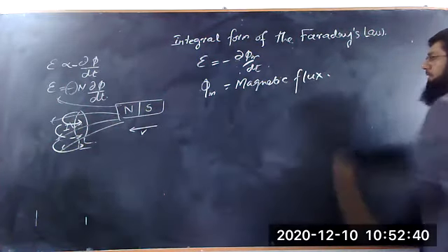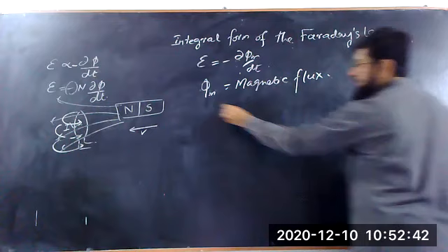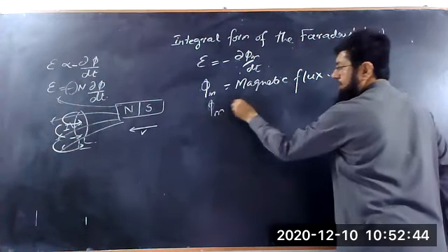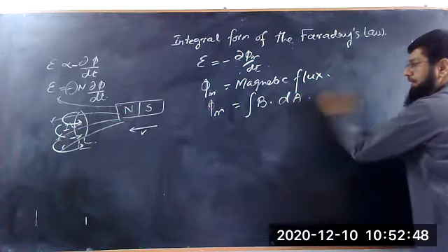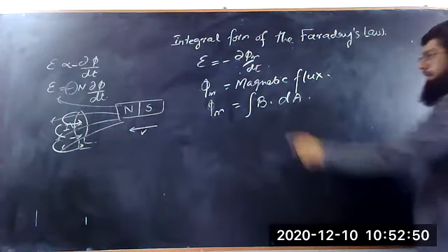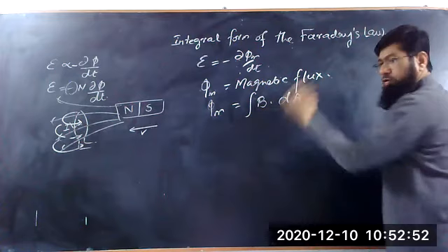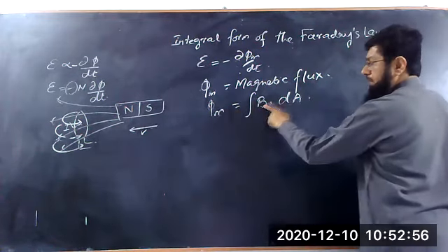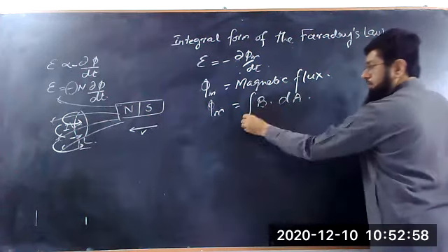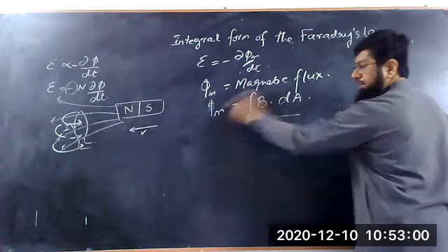The magnetic flux is defined as the magnetic lines of force passing through a unit area. dA is the area, and the integral over dA gives the total area. So B is the magnetic field passing through a unit area, and the product of these two gives the magnetic flux.